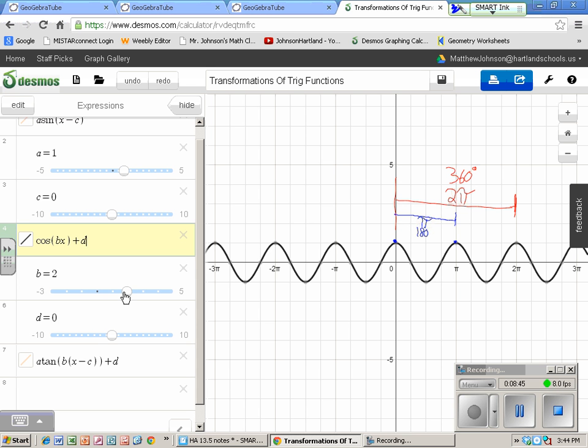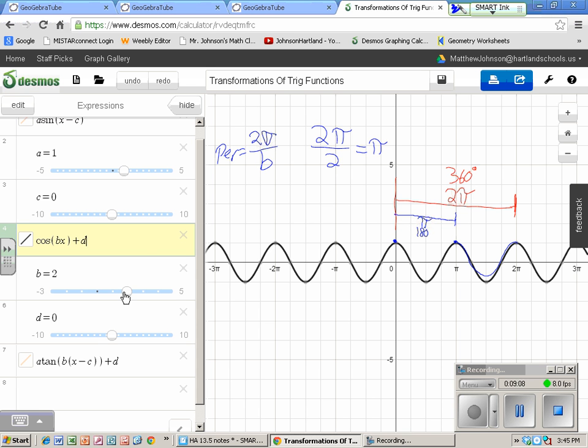Another way to think about it is this graph is repeating itself twice in that same distance. So the new period is 2 pi divided by 2, which is pi. We've got a couple of ways we can think about this, but that generic 2 pi divided by b is what gives us the period of a function.